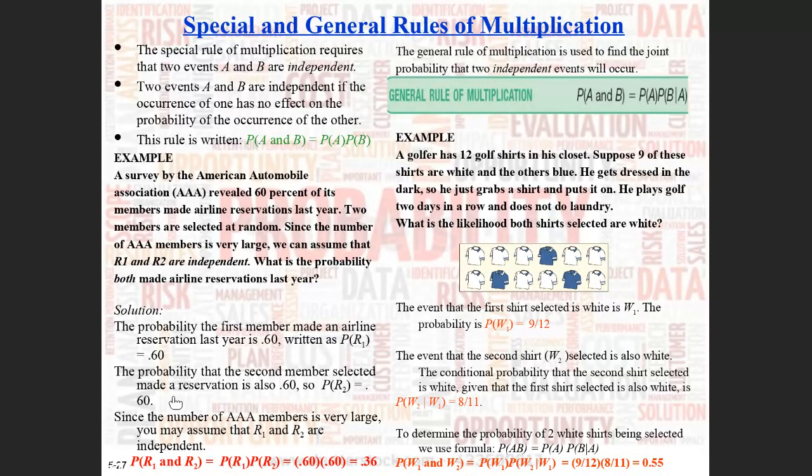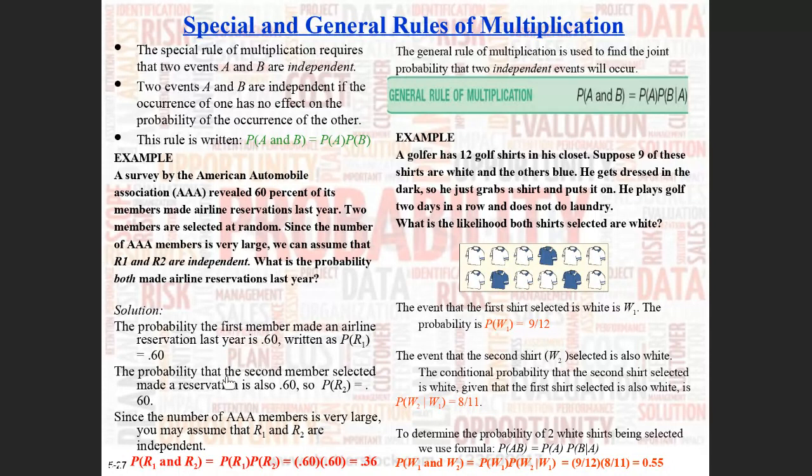The probability that the second member selected made a reservation is also 0.6. So P of R2 equals 0.60 because they're independent.